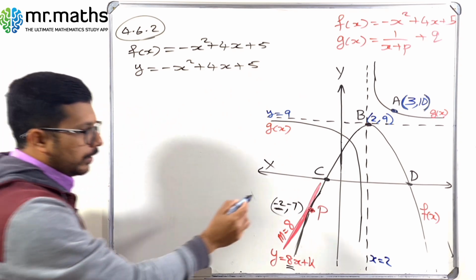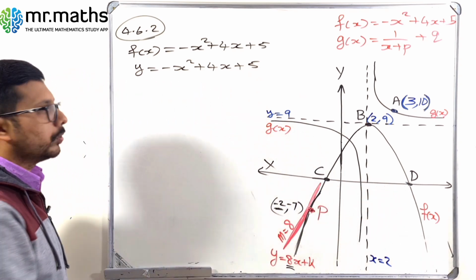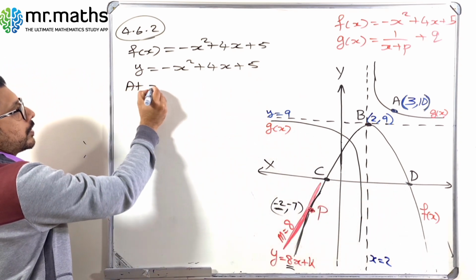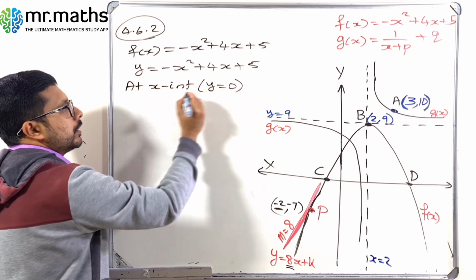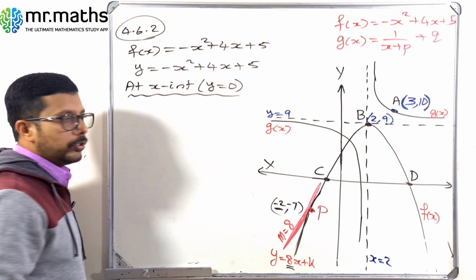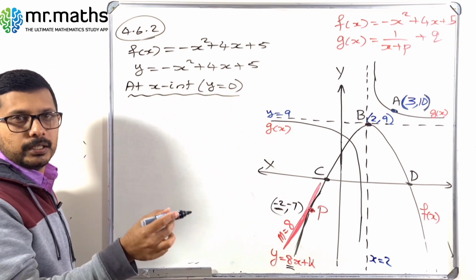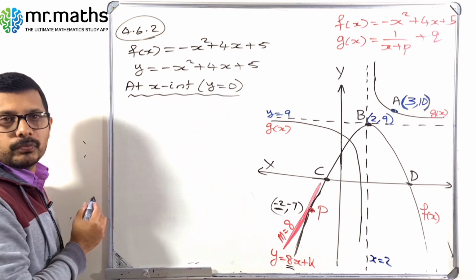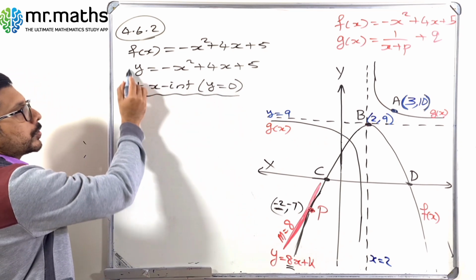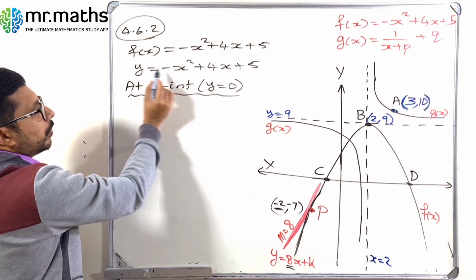So C and D are the x-intercepts. At the x-intercept, how can you find it? At the x-intercept, the value of y is 0. Am I right? We are going to find the coordinates of C and D. So we have to substitute the value of y as 0. 0 is equal to this one.